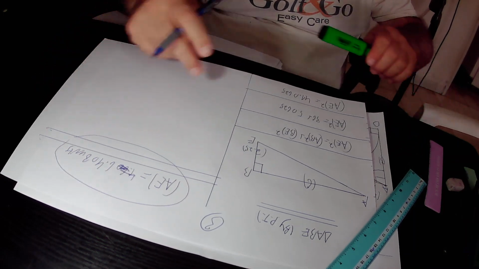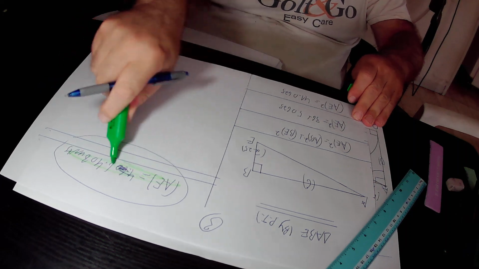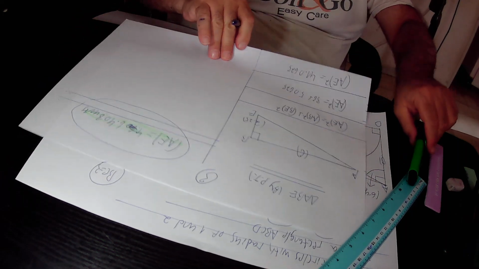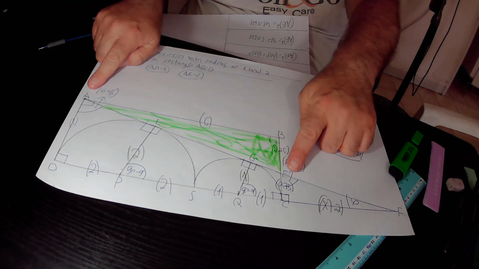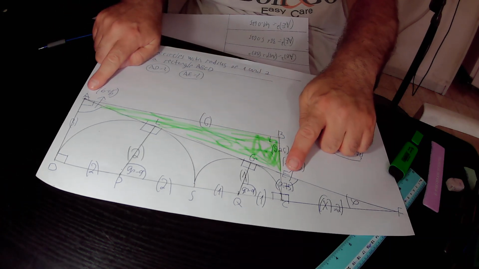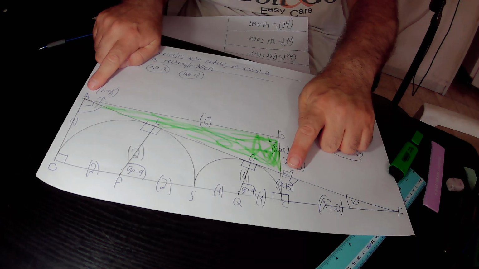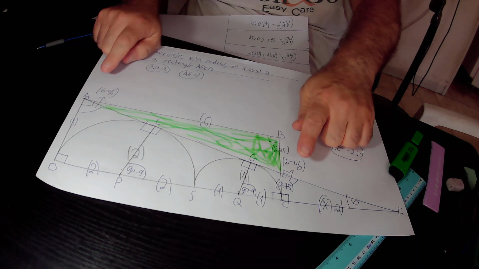And that is the answer to the question. So I repeat again, I found out that the length of this line segment AE equals 6.408 units. So in the next step, I will summarize the lecture.